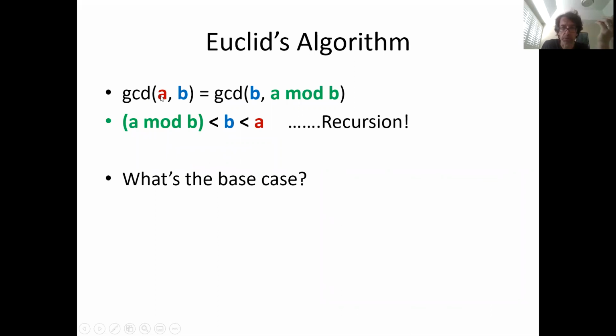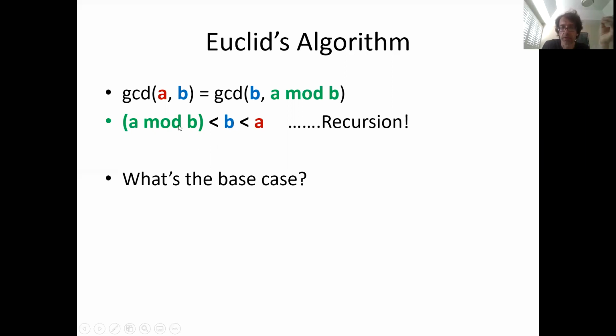If you're asked to compute the GCD of A and B, and you order them so that A is larger than B, you can instead compute the GCD of B, the smaller of the two, and A mod B. So therefore you get a recursion, because you started with two numbers in this relation, and you reduced that to the GCD between these two, which are smaller.